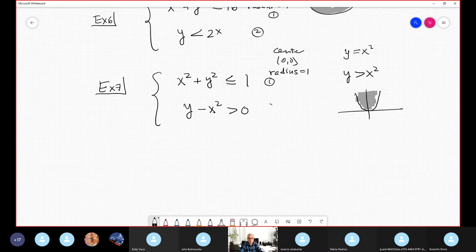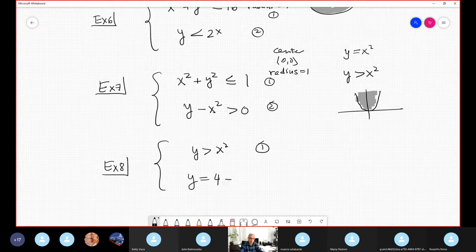Number 8 is also a parabola. Example 8 is y greater than x squared, the same inequality number 1, and y equal to 4 minus x squared, inequality number 2. Wow, the first is the same.